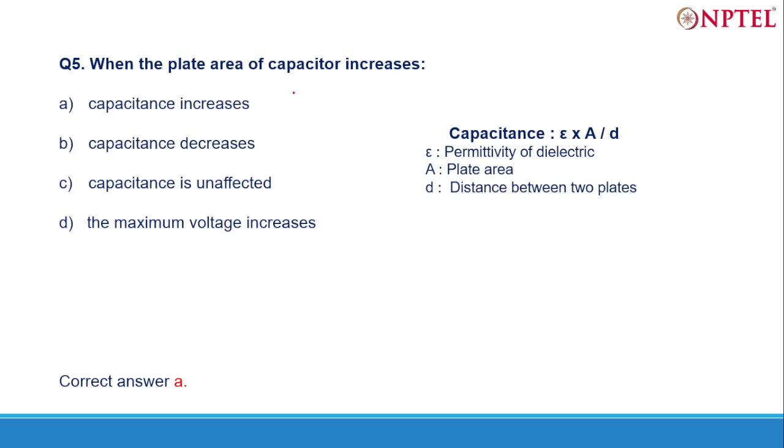Now the fifth question is, when the plate area of a capacitor increases, the options are: capacitance increases, capacitance decreases, capacitance is unaffected, the maximum voltage increases. For this question, we will see what a capacitor is and what its function is. Capacitors are electrical devices that can store charge.